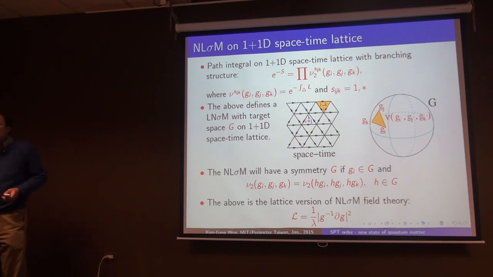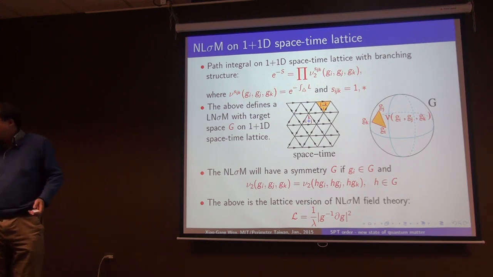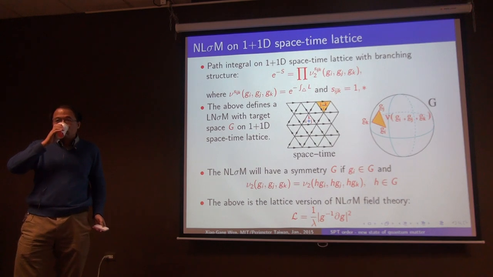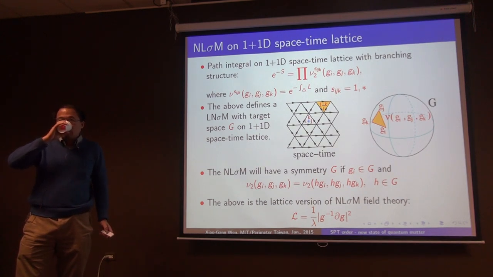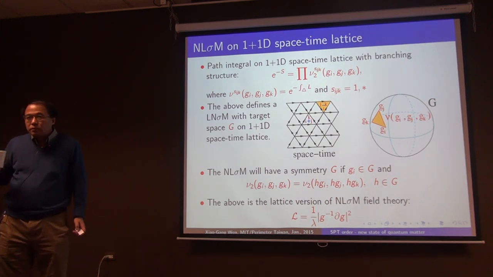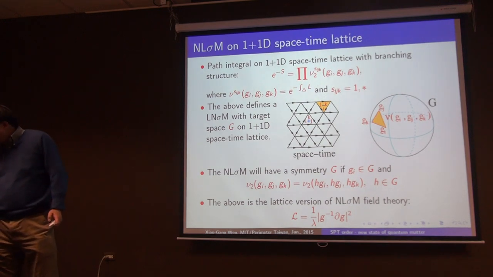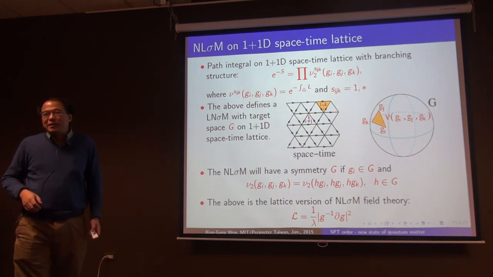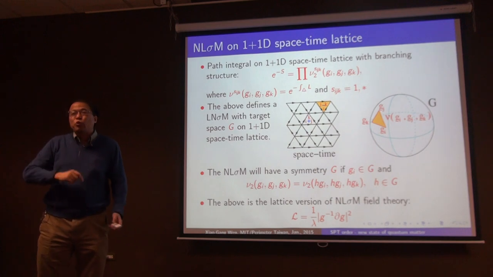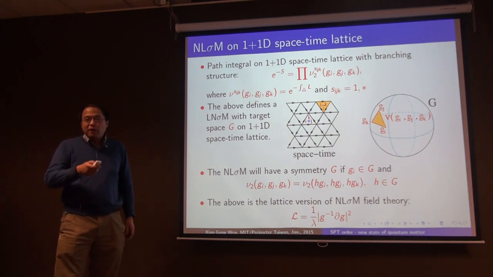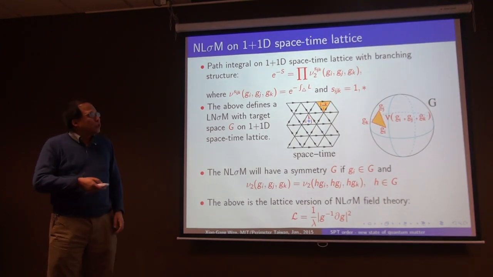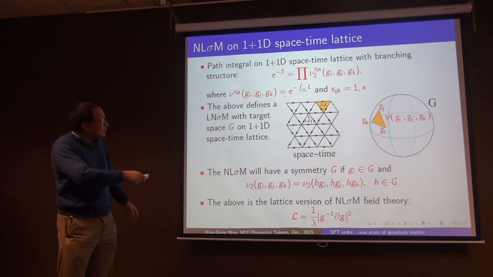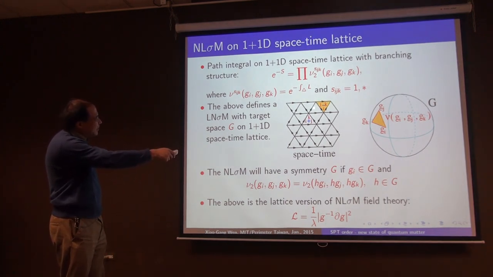Sorry, a naive question. So why do we choose a triangular lattice to do this space-time 1 plus 1 dimension rather than a square lattice? It's a naive question. When you have a square lattice, you can make it into a triangle lattice. Each square is two triangles. So in the square lattice, you're just using two triangles.